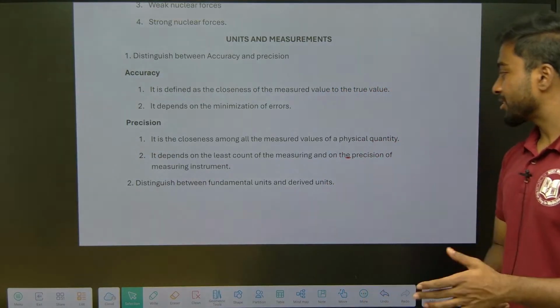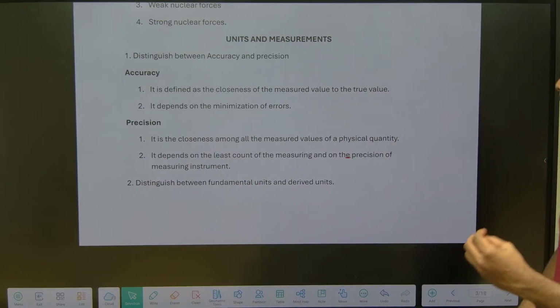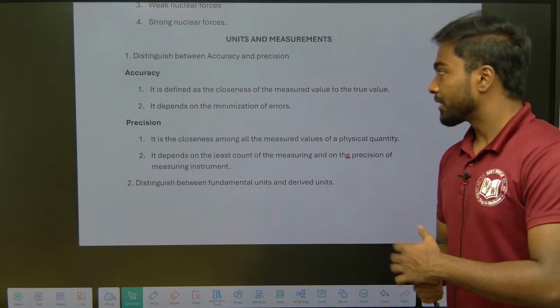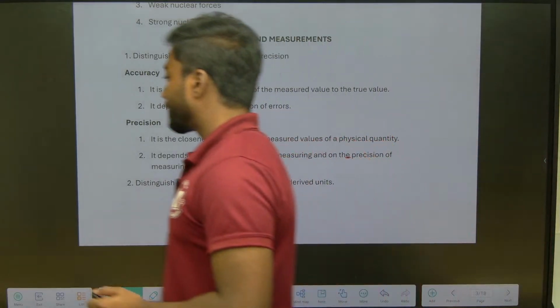And we can go for the next question, that is, distinguish between fundamental units and derived units. Two different kinds of units are there and we will see that. You can take a note of this and we can go for the next one.